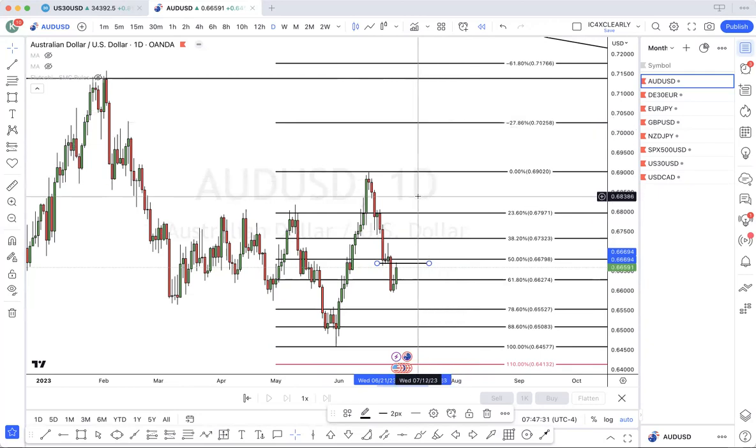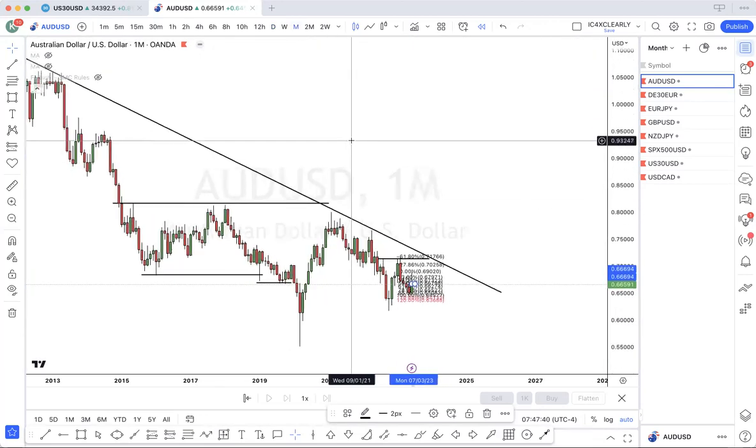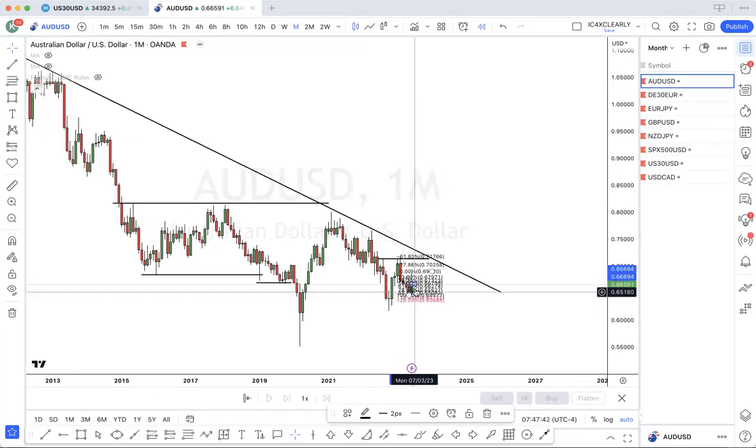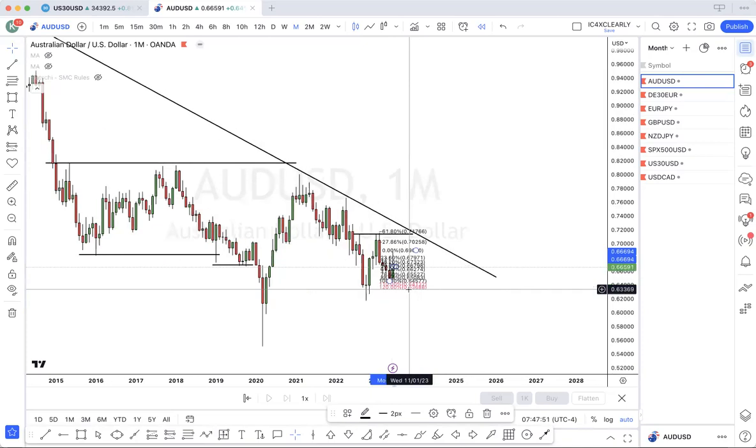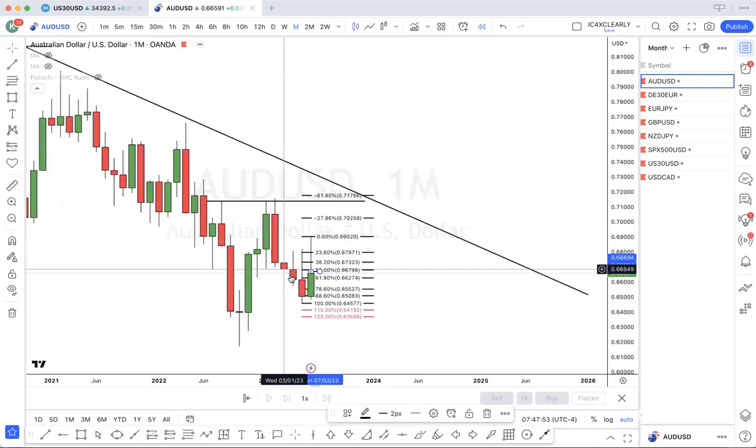So although we have a bullish order block, we have a bullish order block in a bearish market. So this could just be a retracement to this push down.